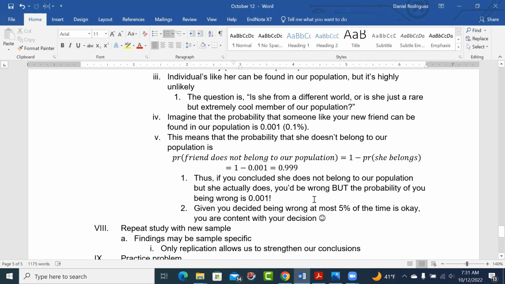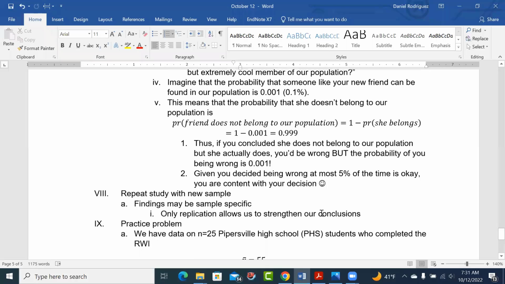So if you conclude she does not belong to our population, but she actually does, you'd be wrong. But the probability of you being wrong is only 0.001. Given that you decided you're okay with a 5% chance of being wrong, you are okay with this.